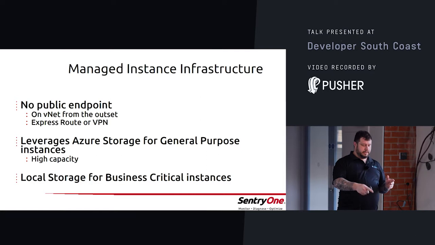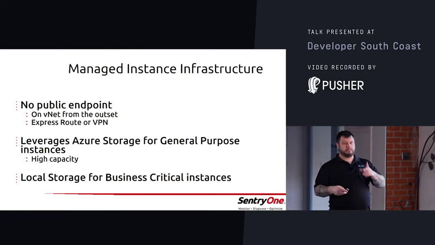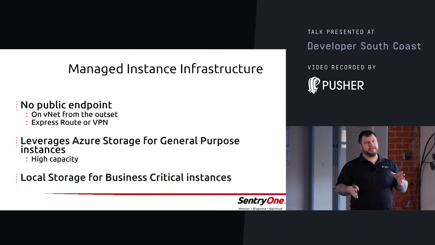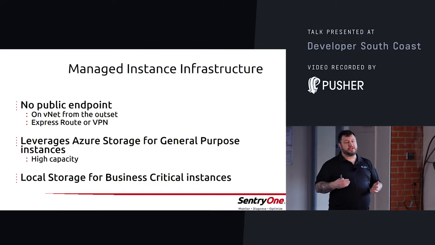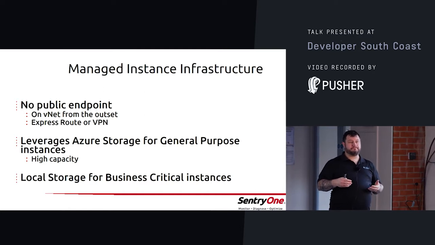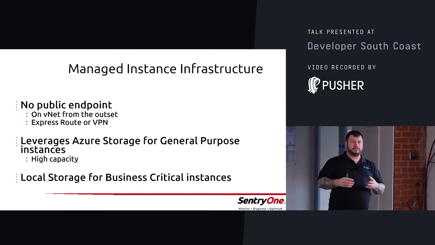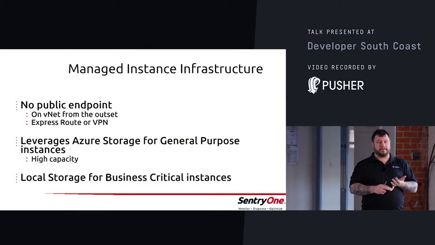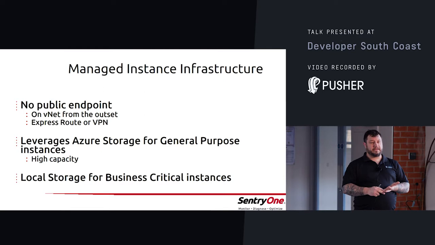I think I've got it in the slide deck as a link, which I'll put up online. But essentially, the size of the disk will dictate how much I/O you get through the Azure platform. So the larger the disk, the more throughput you get, both in IOPS and megabytes per second.